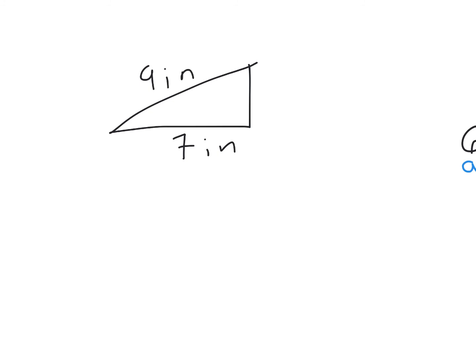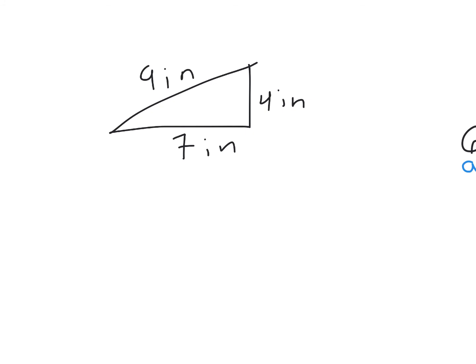What if our triangle looked like this, and we knew that one side of it was 7 inches, and the other side was 9 inches, and the last side was 4 inches. And the question is, is this triangle a right triangle?